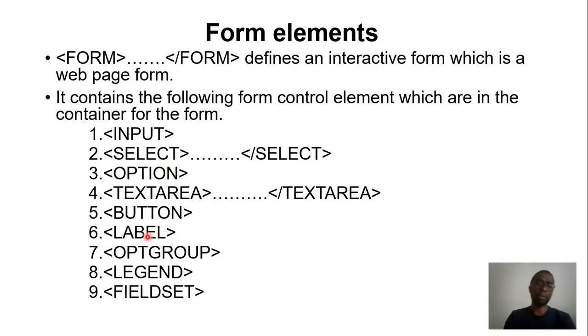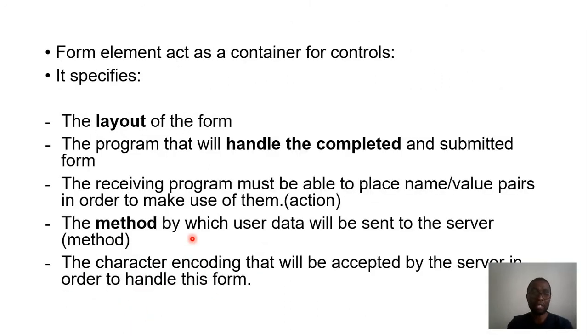Labels give a name to a control or just give a label to something. Some options can group together, and then we can have a field set here, and the legend can help us identify this field set. So these are some of the elements that are used.